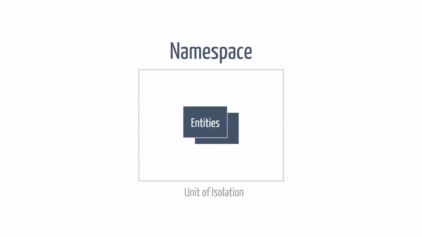Before you get started, what you actually require is a namespace. A namespace in Azure Service Bus is basically the unit of isolation, and everything like queues and topics and subscriptions belongs to a namespace, and the namespace will get associated with a tier.